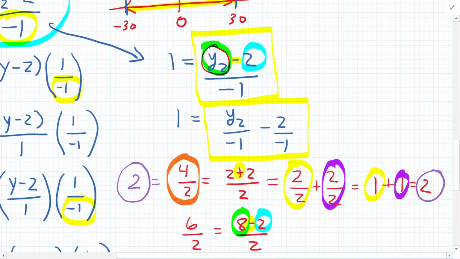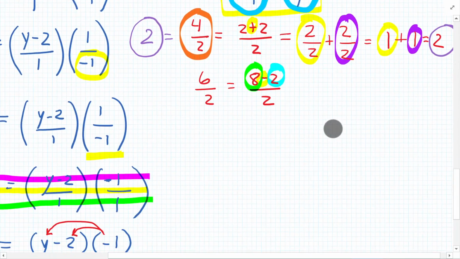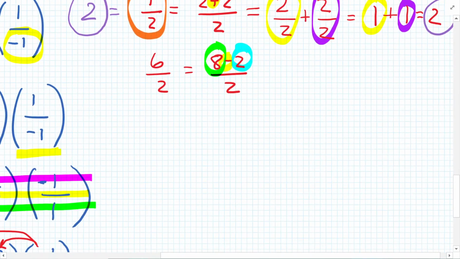Do you not see the first term here? And the second term? So here's our first, here's our second. And each of these terms that I've circled is just an expression of something over 1. In this case, -1. So let's try 6 divided by 2 equals 8 minus 2 over 2.